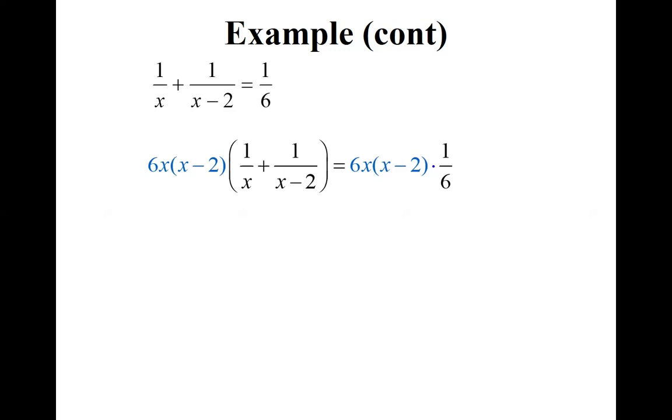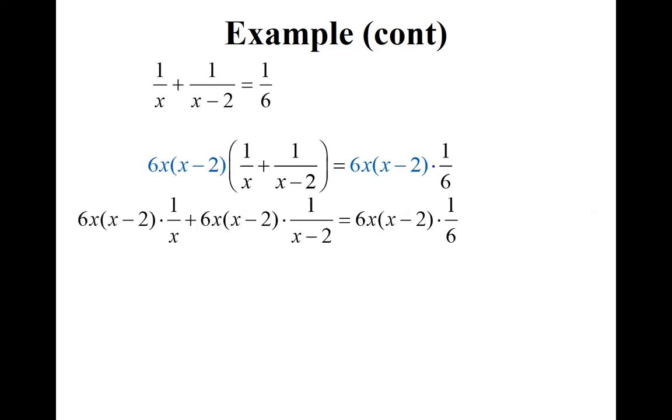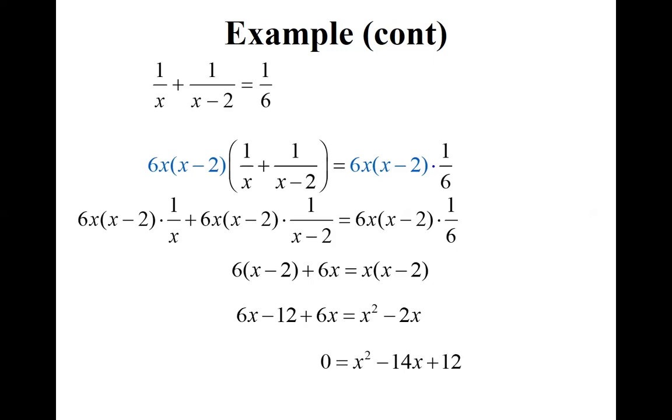On the right, the 6's cancel, leaving us with x times x minus 2. Distributing to get rid of the parentheses. Moving everything to the right side. 6x plus 6x is 12x, so subtract 12x. Add 12. We get x squared minus 14x plus 12.